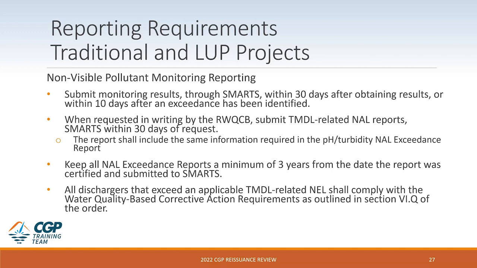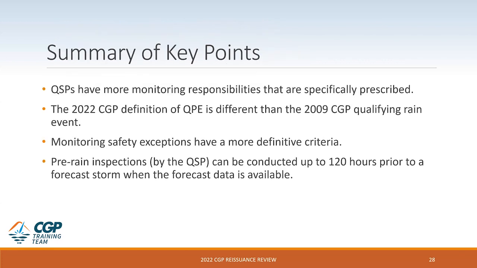Again, the regional water board may request in writing that NAL report. We must keep the NAL exceedance reports for a minimum of 3 years. And all discharges that exceed an applicable TMDL related NEL shall comply with the water quality based corrective action requirements in section 6.q of the order.